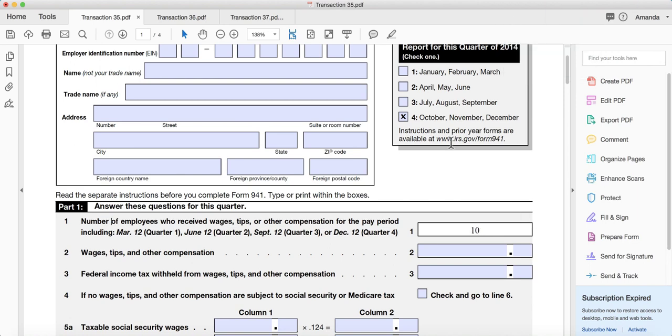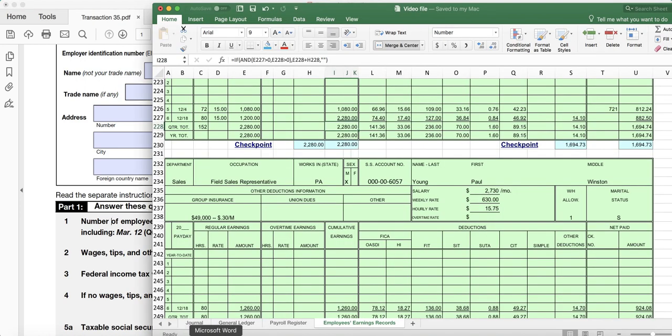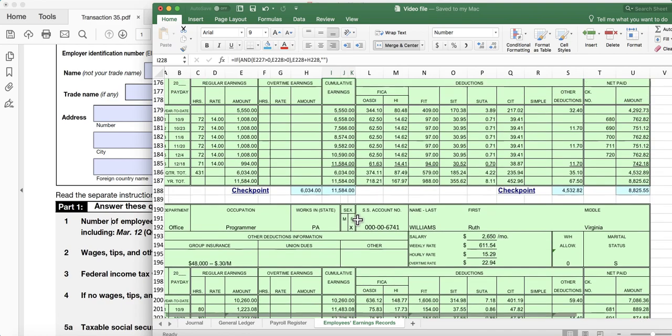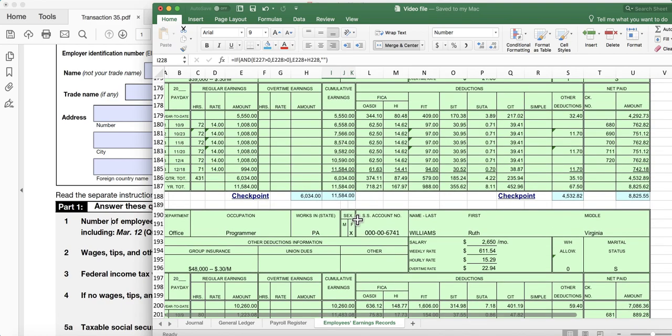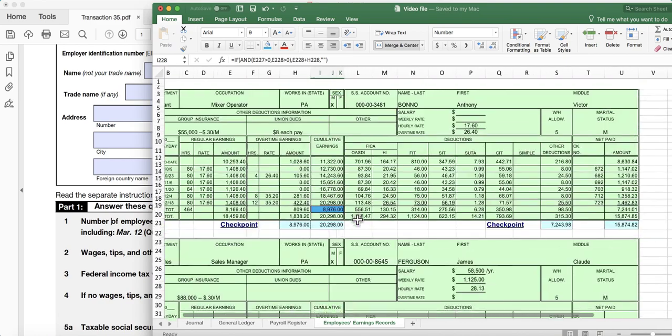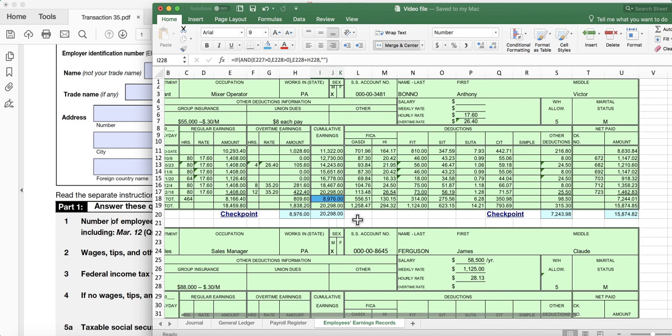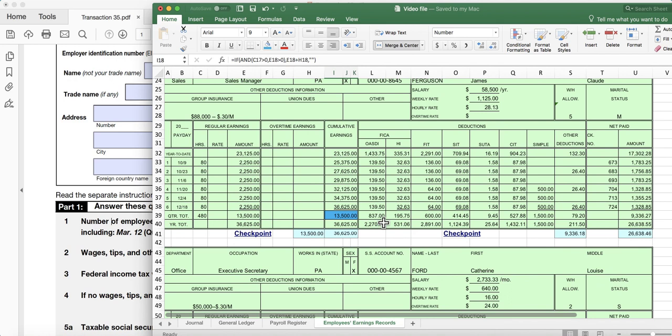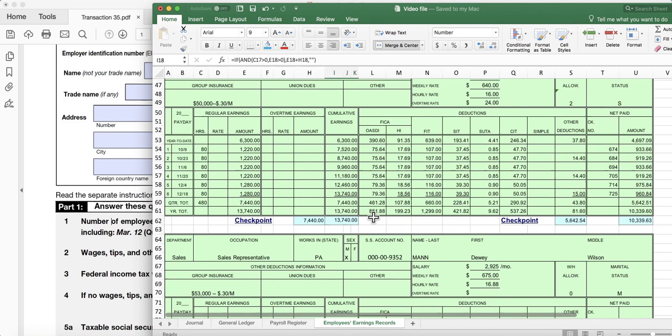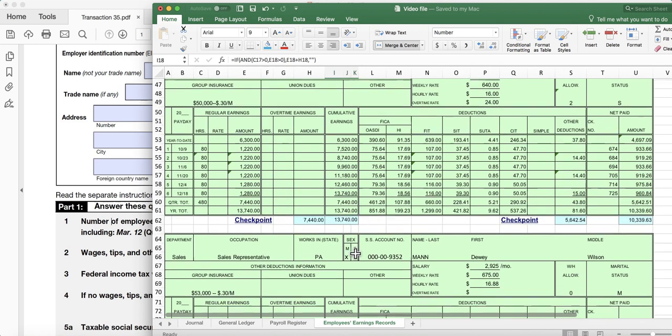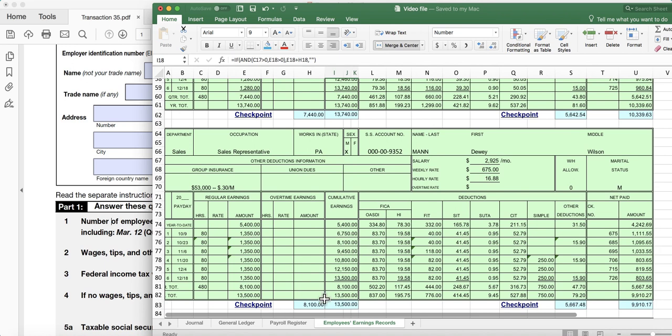Now for wages, tips, and other compensation, what you would do, again, employees' earnings record, is you would go through and total all of the employees' quarterly earnings. So you would take the $89.76, add the $13.05, and then keep going for the quarterly totals for all of the employees.